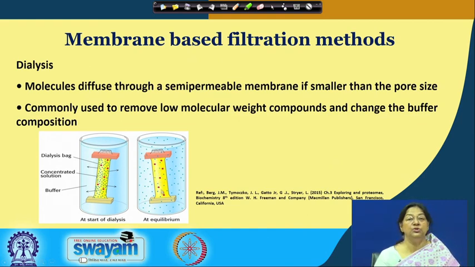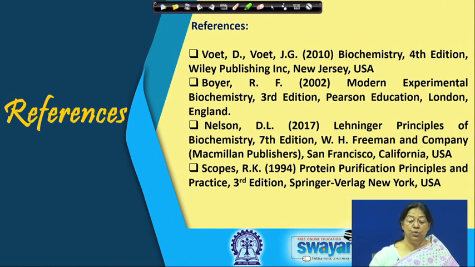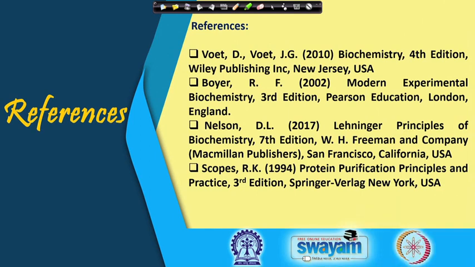You can also lyophilize the protein to get a powder that you can use, or concentrate your protein by lyophilization and then use it when you have a specific experiment to work out. The references that we have used here are listed in the slides themselves. In addition, there are specific books on isolation, separation and characterization of proteins.